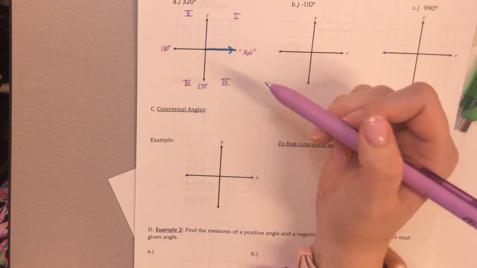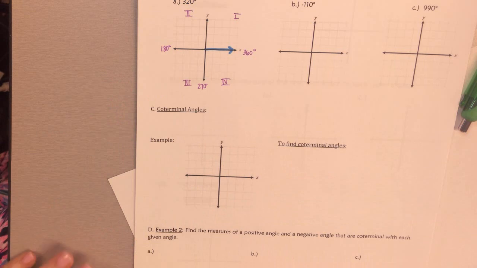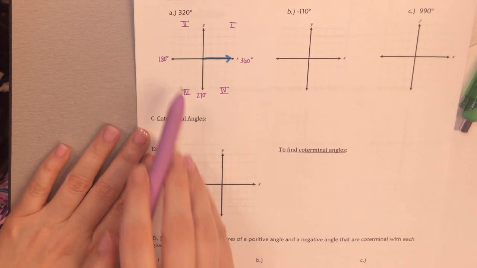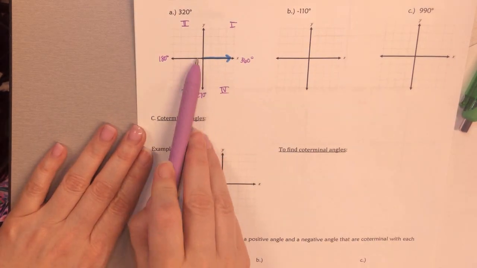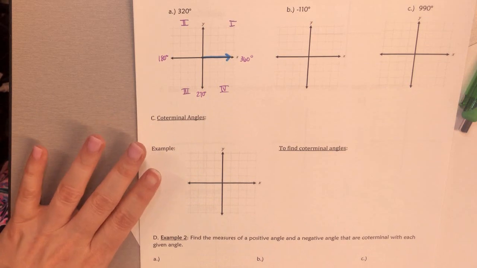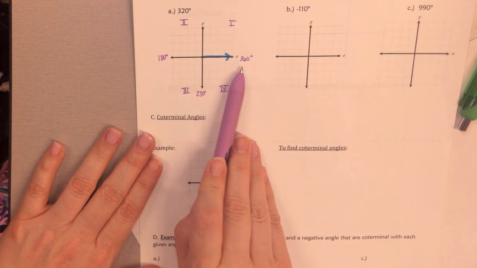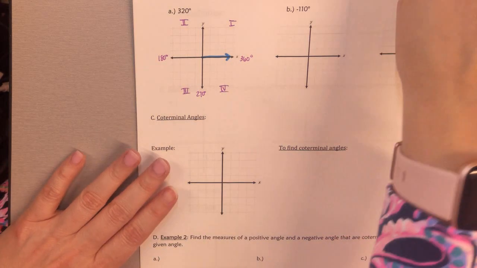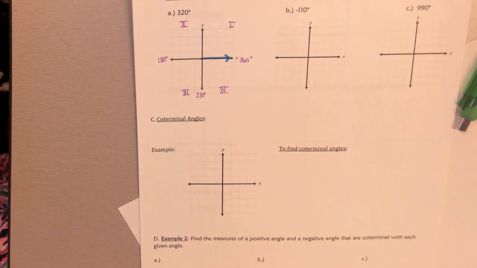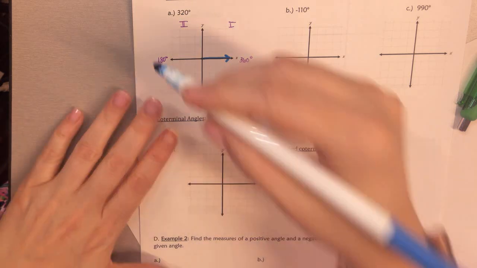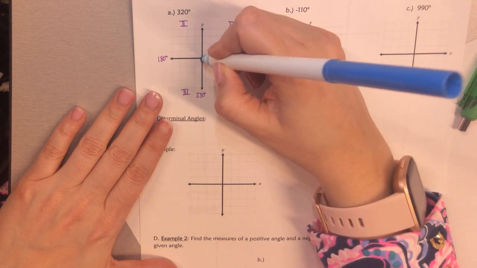Each quadrant is how many degrees? 90 degrees. Okay, so if I were to put this right in the middle, what's half of 90? 45. Okay, so 320 degrees is how many degrees from 360? 40, right? So it is going to be pretty close to halfway.